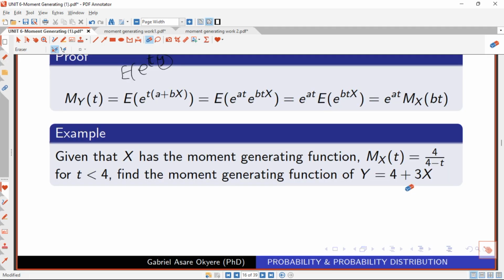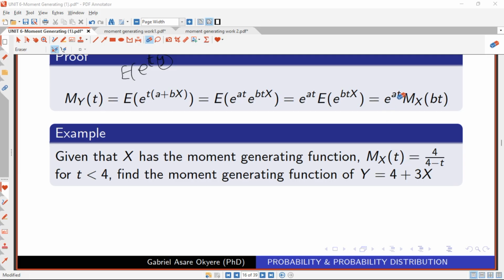So let's solve an example to also better understand it. When we come here, clearly we know that our 4 is a constant, and we have plus 3X. Since 4 is a constant, it is going to come out. So here a is 4.